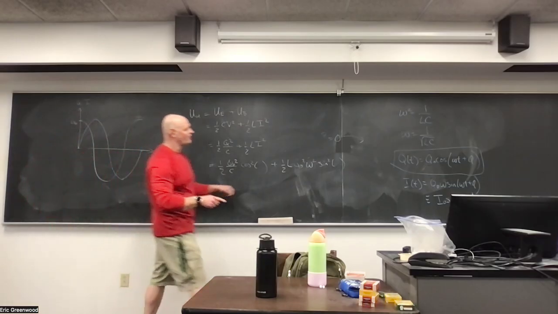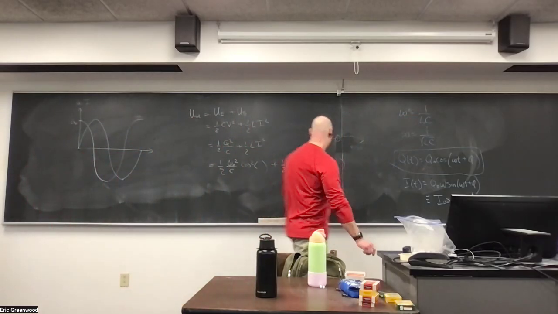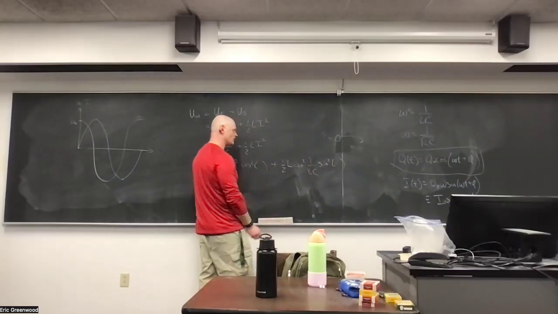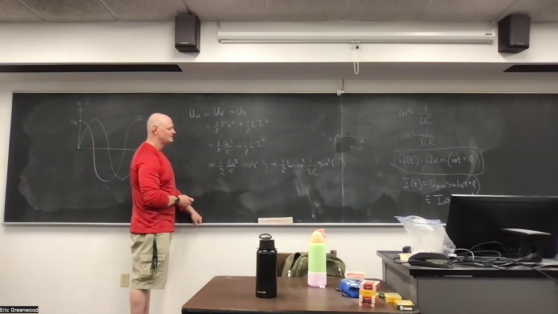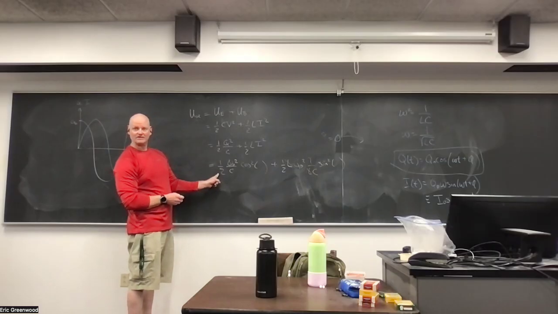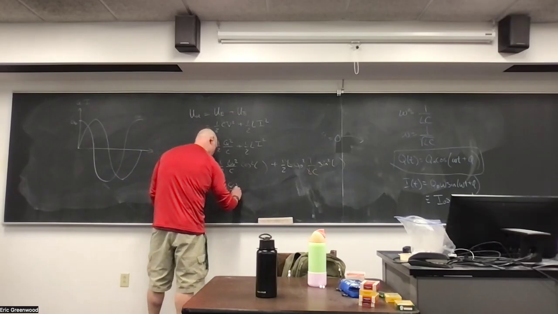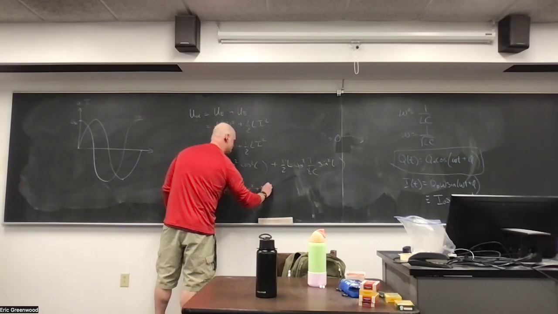Now, what we also know, though, is omega, or at least omega squared, is 1 over LC, which means if I replace this with 1 over LC, the inductance is going to cancel. So this becomes Q0 squared over C. This is also Q0 squared over C with a factor of 1/2 for each one, which means I can rewrite this as 1/2 Q0 squared over C times cosine squared plus sine squared.